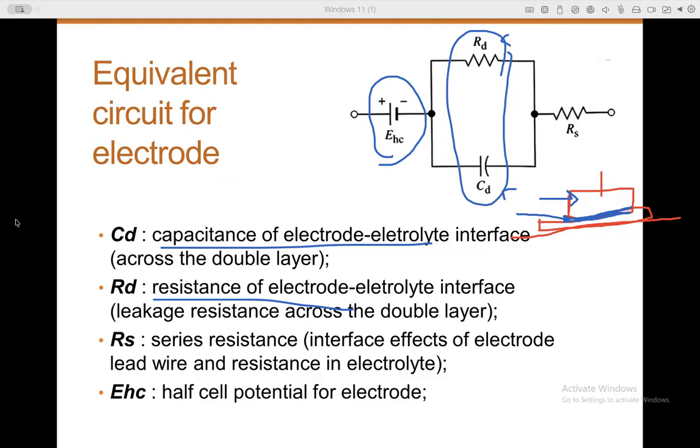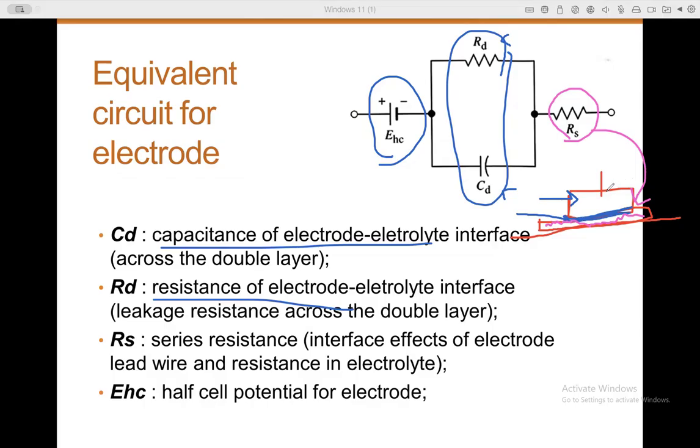And then whatever material you have here as your gel or the electrolyte, that's what you have here. Does that make sense? Okay. So this is still from last week.